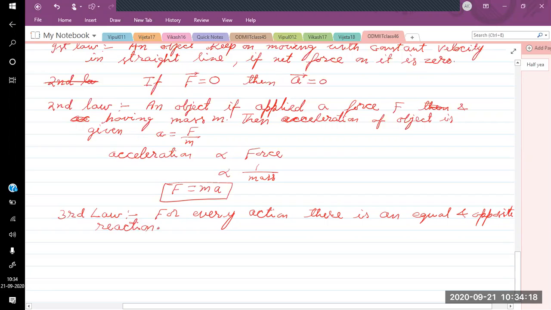We will discuss all these things. So what is action and reaction? Here in the third law, action and reaction are actually forces. Action is one force and reaction is just the opposite force of that.